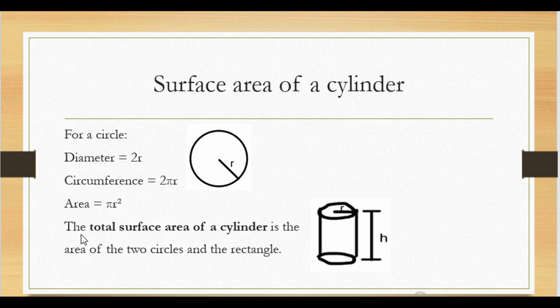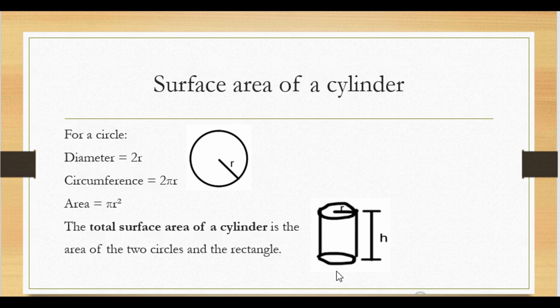Now let's find the total surface area of a cylinder. The total surface area of a cylinder is the area of the two circles and the rectangle. Now this is our cylinder. The area of this circle, plus the area of this rectangle that forms the curved surface.